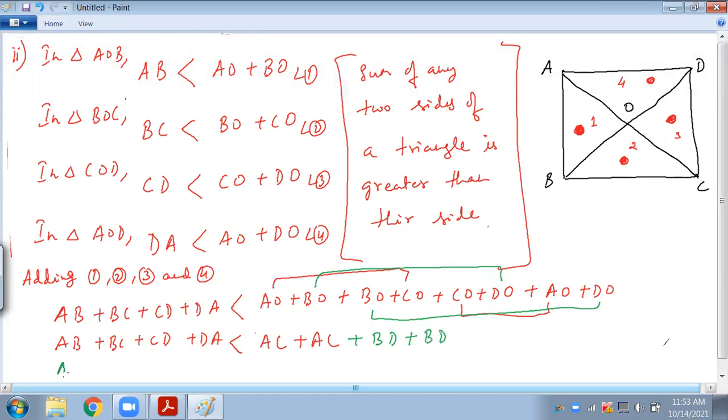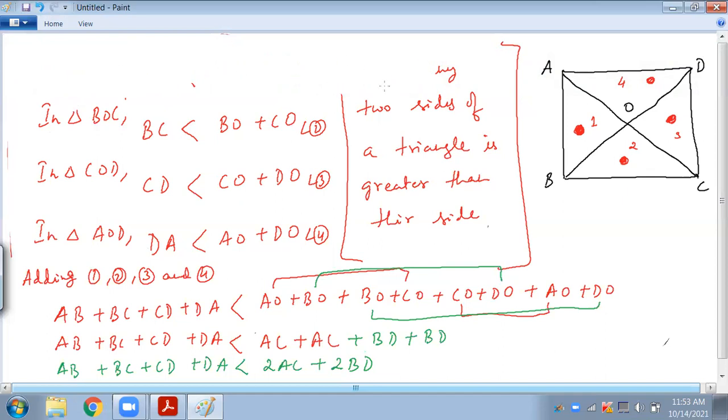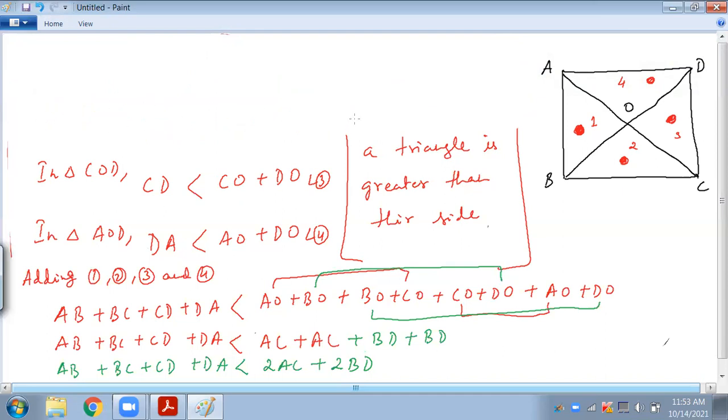On doing that, what are we getting? AB plus BC plus CD plus DA is less than AC, and there are two of them, so add them together, plus BD, two of them, add them together. Now what are we getting?